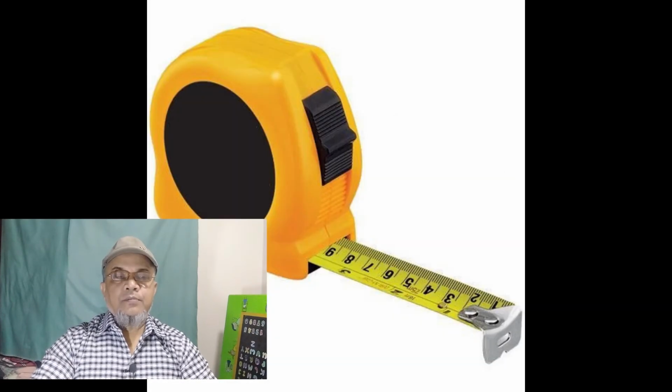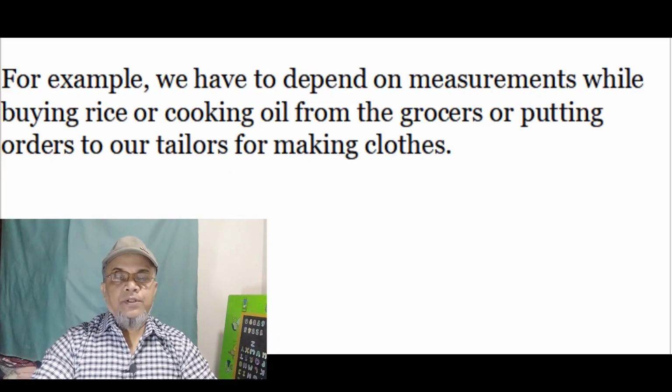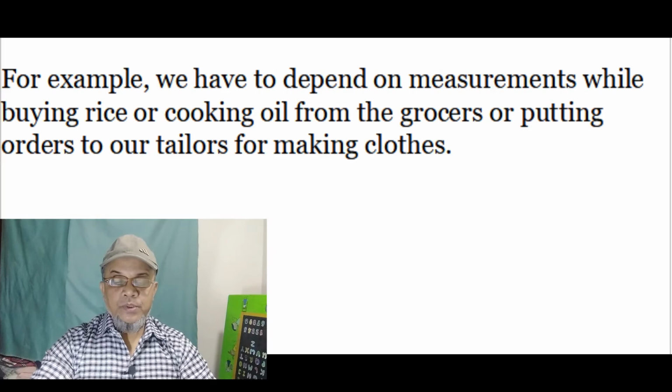etc. For example, we have to depend on measurements while buying rice or cooking oil from the grocers or putting orders to our tailors for making clothes. When we buy some things, rice, wheat or cooking oil from the grocers. What is grocers? Grocers is a person who sells food and small household goods.